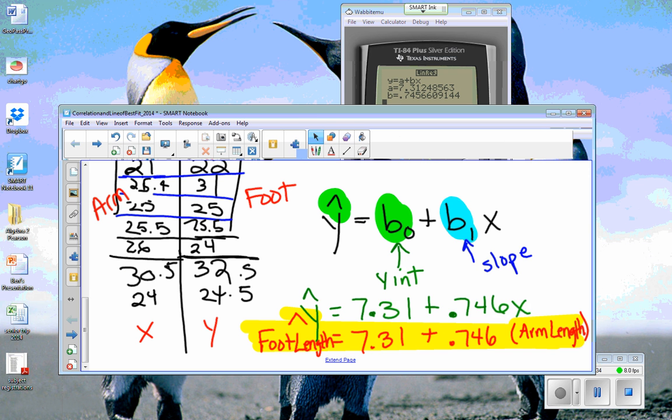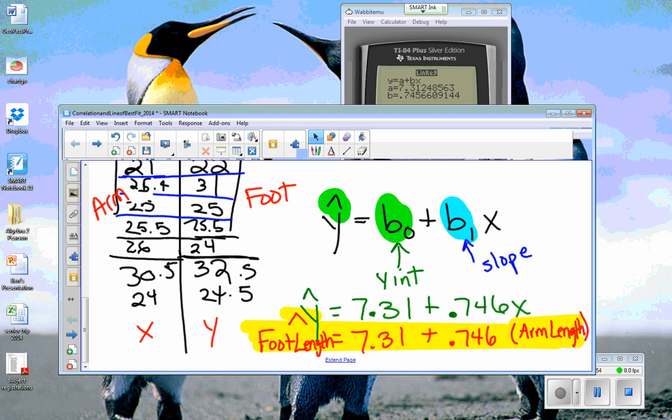AP is very, very particular when it comes to their notation and their context. They really want you to put everything in context. And so whenever you're writing the equation, you need to write the variables in it with words.